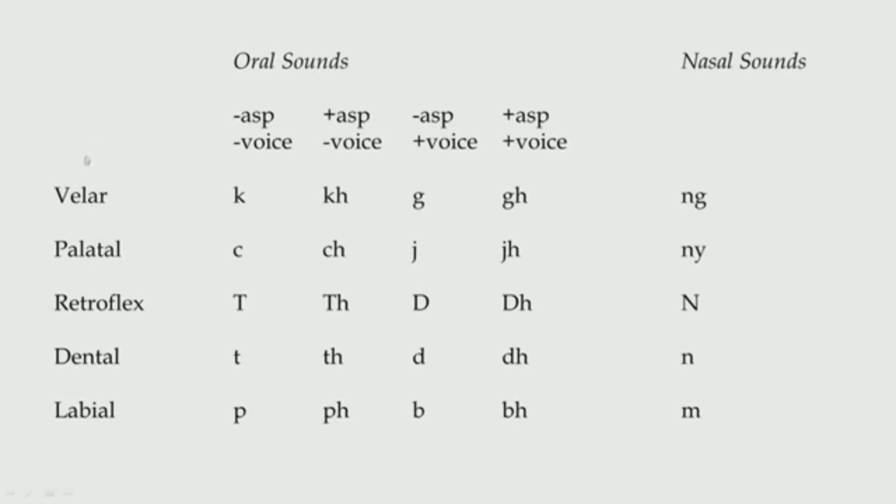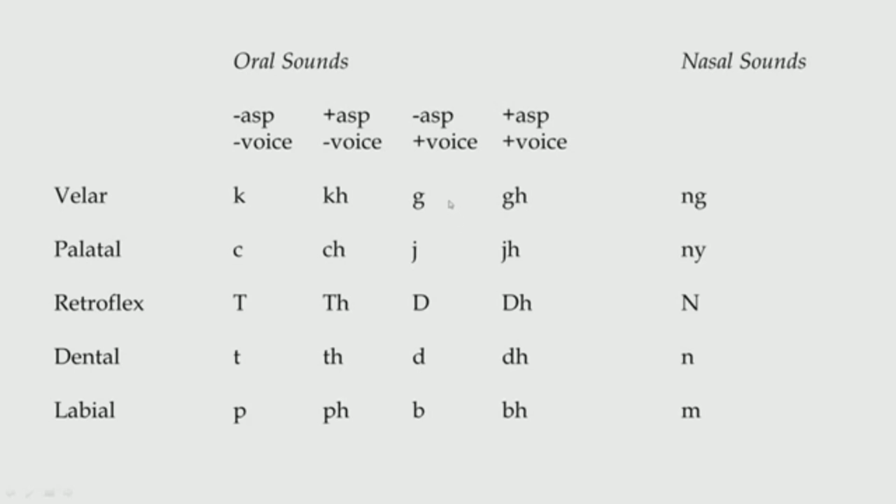So we need to look at the same chart with the other dimension. We need to look at more sounds that are available here. So far we have seen the places of articulation of these sounds. The arrangement of these sounds along the vertical axis is according to their places of articulation. Now we are going to look at this whole chart horizontally, and see how these sounds are different from one another.